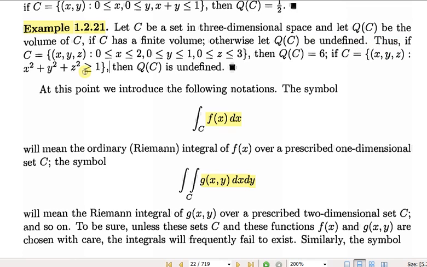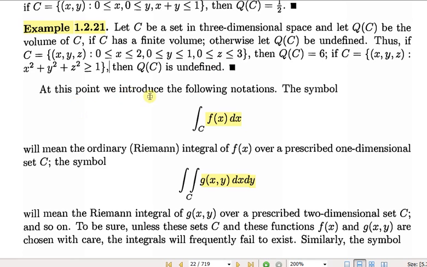Thus, if C is the set in three-dimensional space of x, y, and z with this border, then Q(C) equals 6. If C is like this, then Q(C) is undefined.